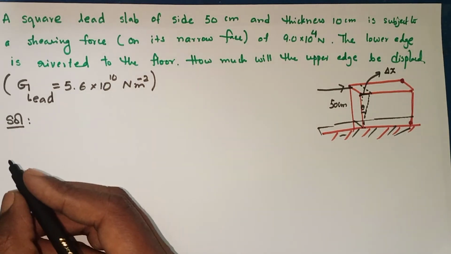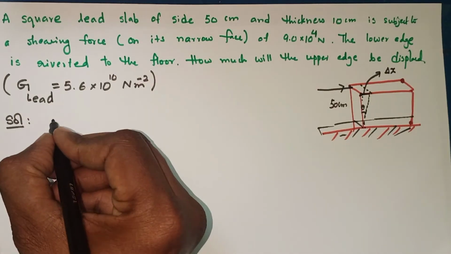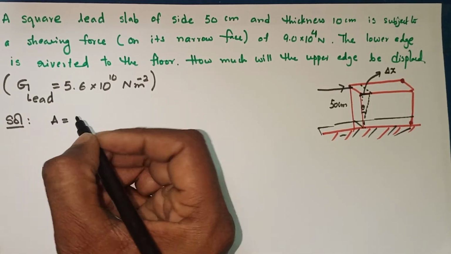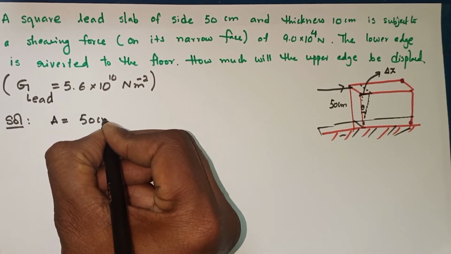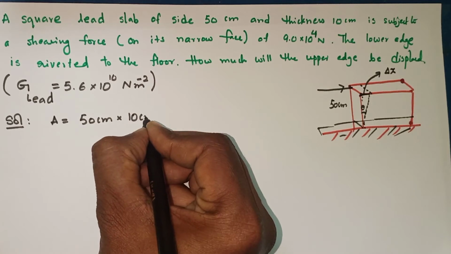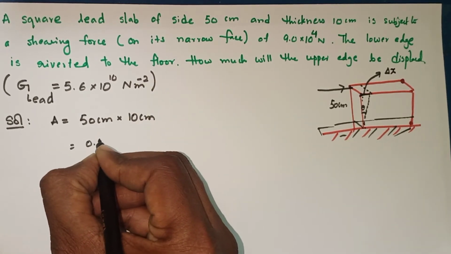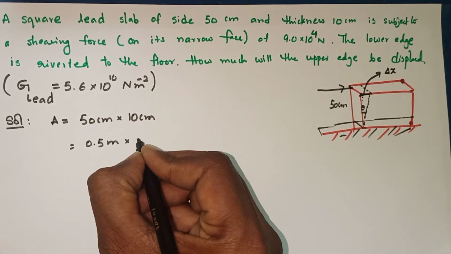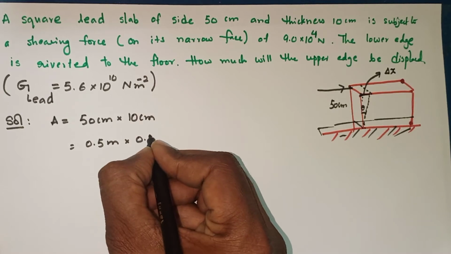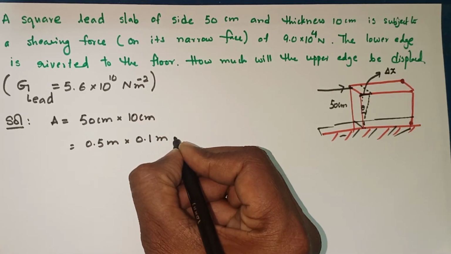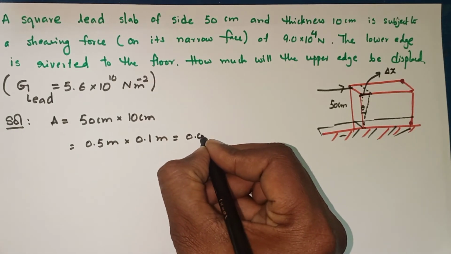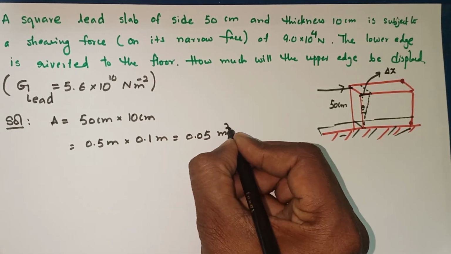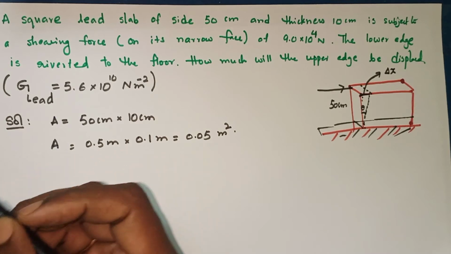Now, how to calculate area? Area is length into breadth, which is 50 centimeter into 10 centimeter, that is 0.5 meter into 0.1 meter, which is 0.05 meter square.